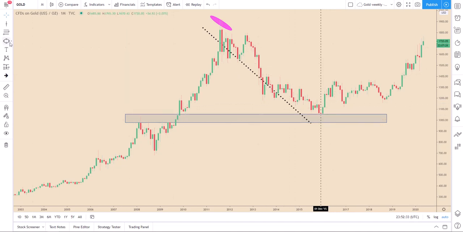Let's draw another ellipse. And same thing here. This price low here, those two points are likely to be two of the pivot points that I need to draw an Andrews pitchfork.